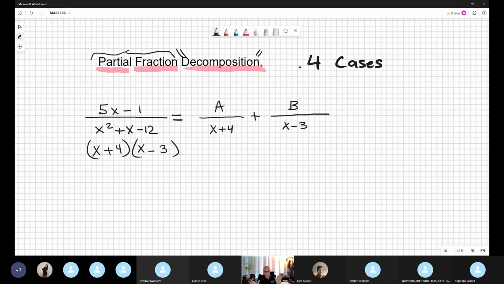You understand the goal? It's to decompose one complicated rational function into several partial fractions. They are small pieces, and they are equivalent to the original ugly one. It's fantastic in calculus, because in calculus you need to apply different operations.